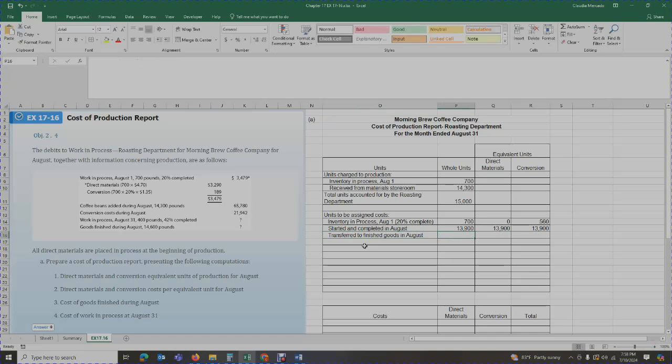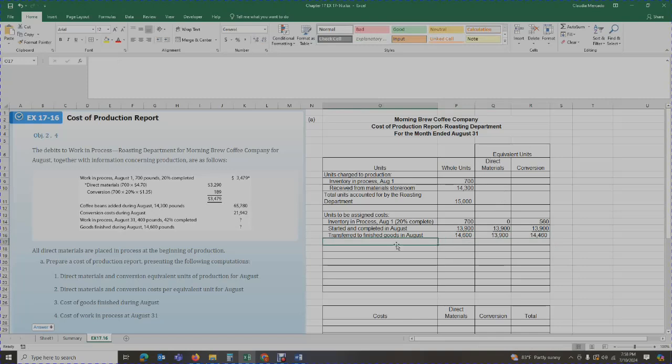To do that, we basically add the two amounts. Let me do a little underline here. We're going to add those two together: our beginning work in process and what we put in production and finished in that specific month. And those are our numbers right there.